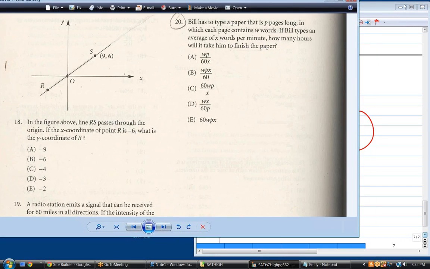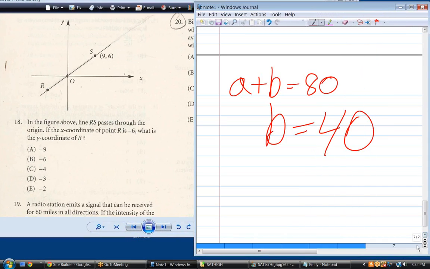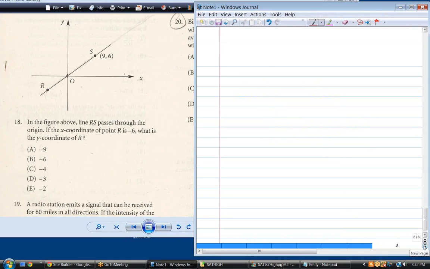Okay, number 18. First time I ever encountered this problem, I had problems with it.